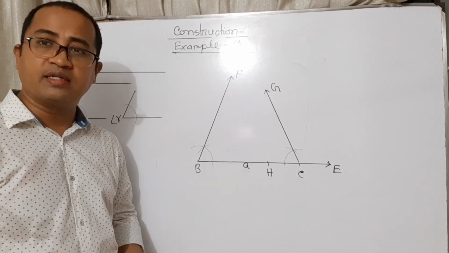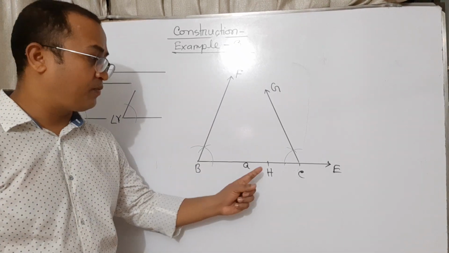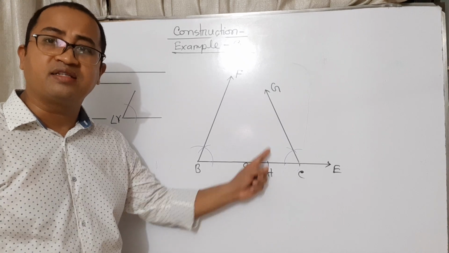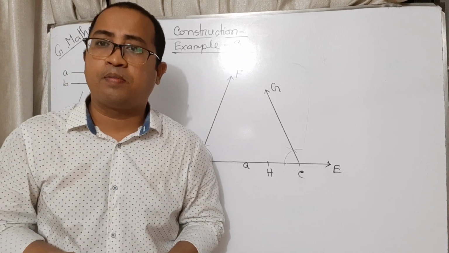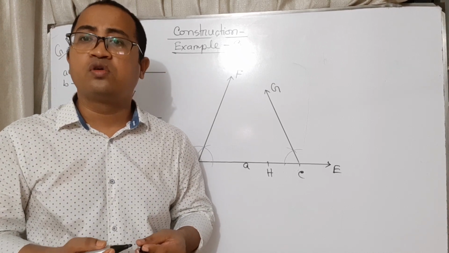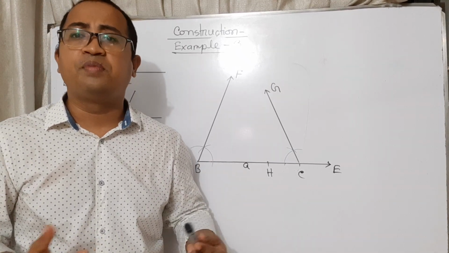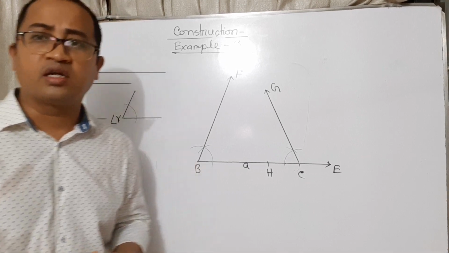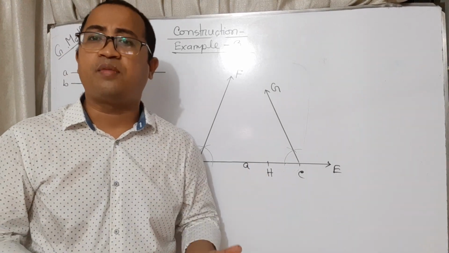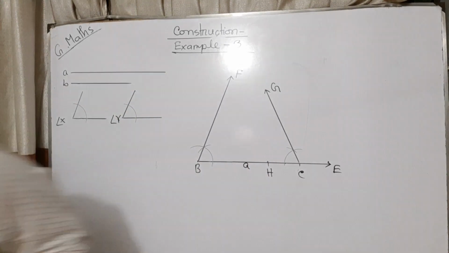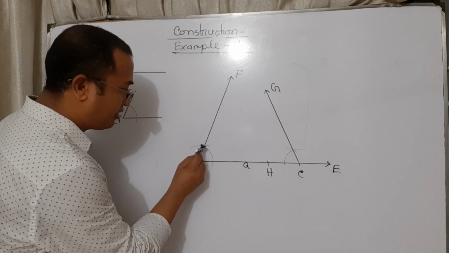Now at the point H, we draw a line HD parallel to BA. How do you make lines parallel to each other? You should draw the corresponding angles or the alternate angles equal, then they become parallel to each other. Here I will draw the corresponding angle.